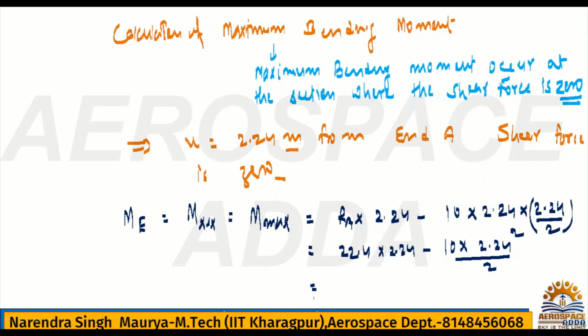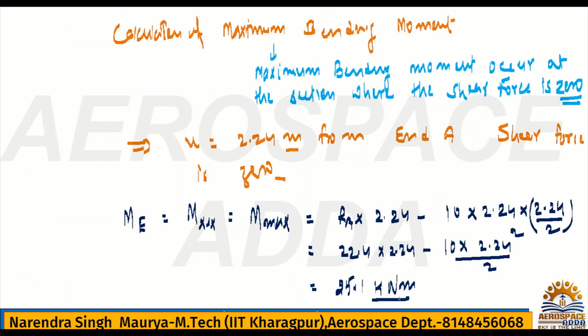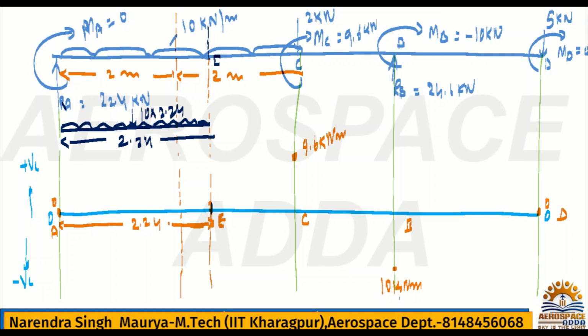If you calculate this value, it is nearby 25.1 kilonewton meter. So now it's very clear: this value, 25.1 kilonewton meter, is the maximum moment. Now, this part we can remove; it was just for understanding only.